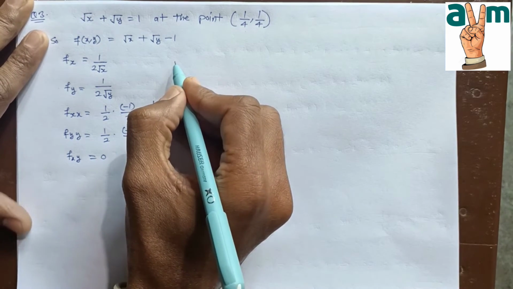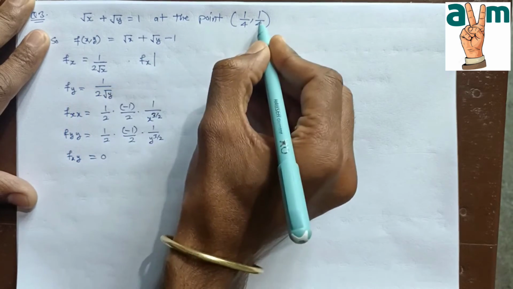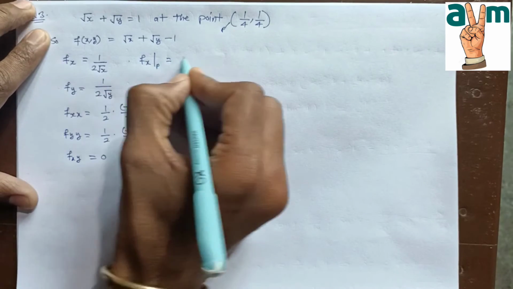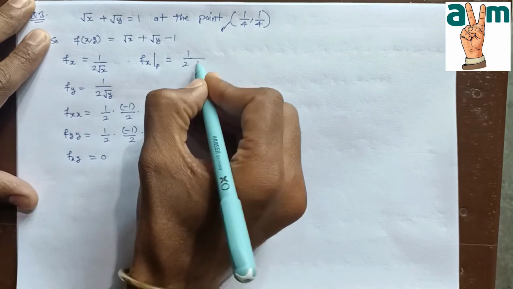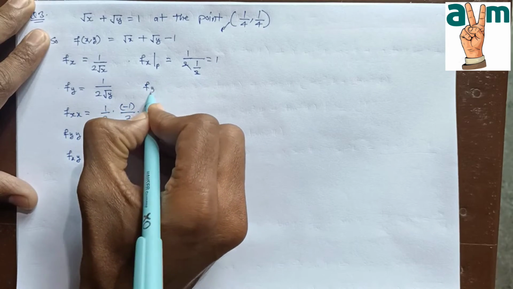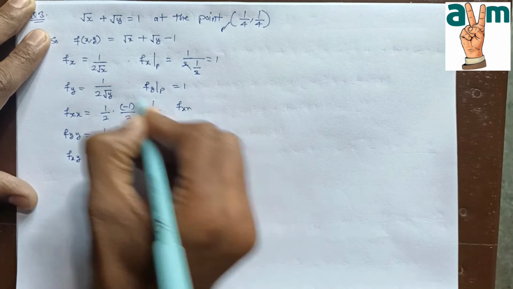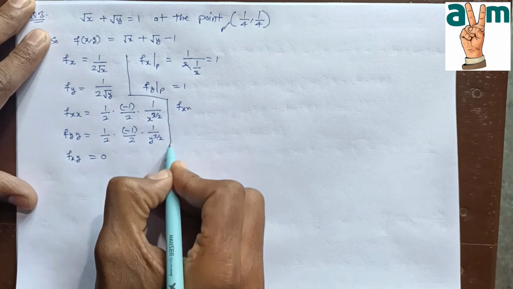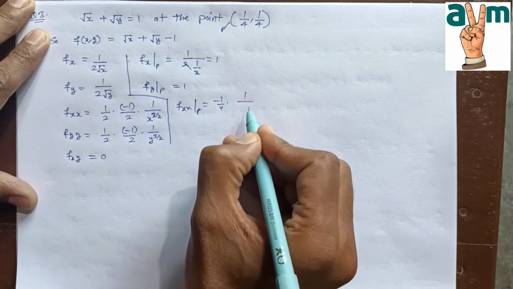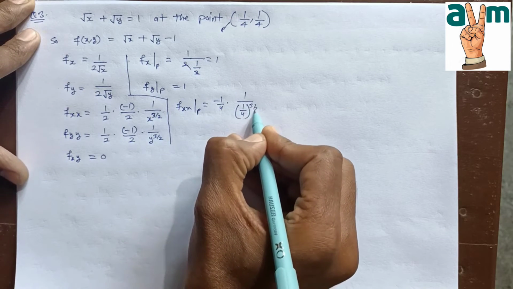So now, suppose this point is our P. The value of fx at point P is 1 upon 2 into 1 upon 2, cancel out, this is 1, and the value of fy at P is also 1. And the value of fxx at point P is minus 1 upon 4 into 1 upon 4 to the power 3 by 2.